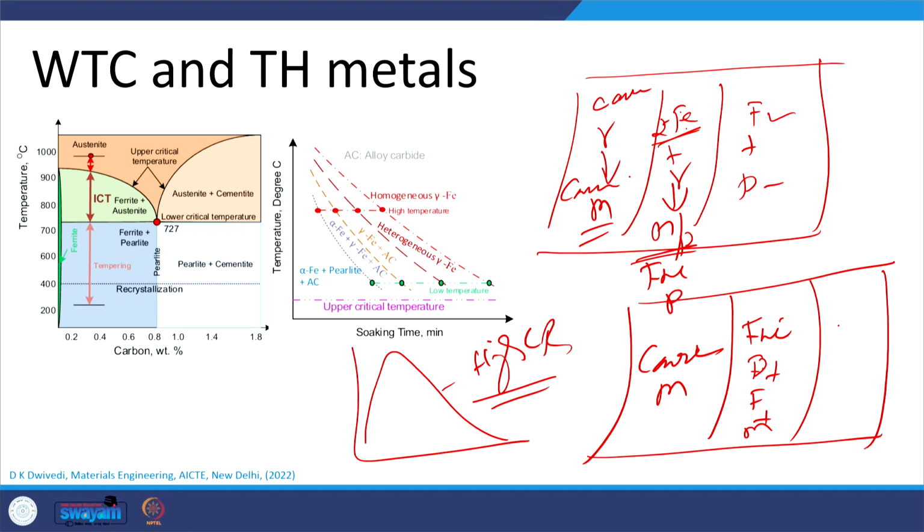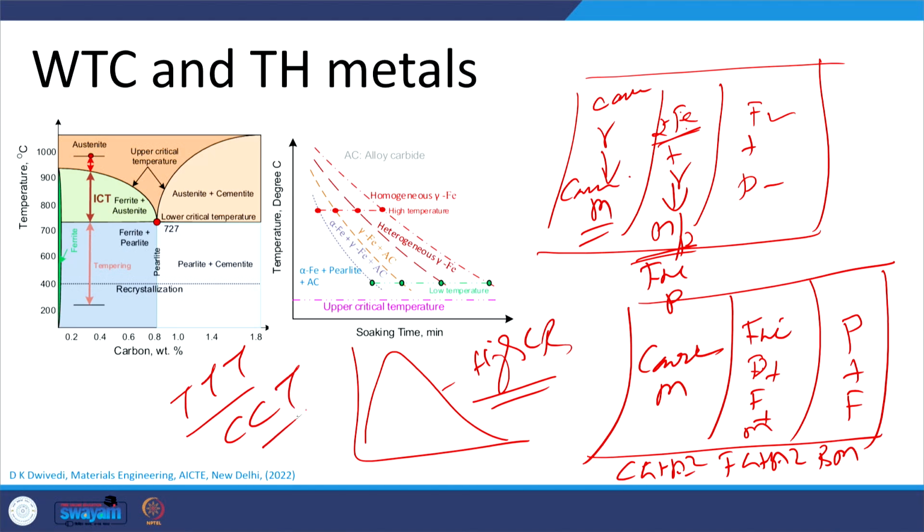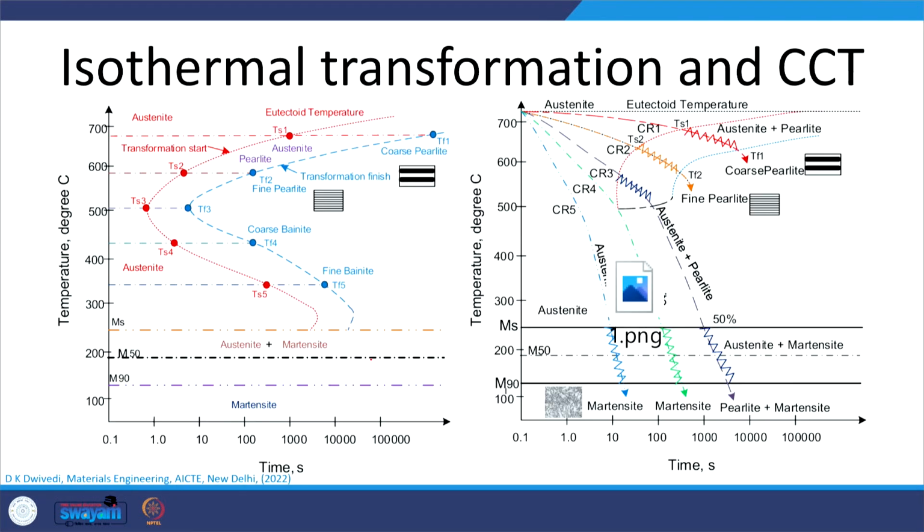Then we will have the unaffected zone of ferrite and pearlite. So, this is the base metal, this is the fine grained HAZ, and this is the coarse grained HAZ. These things are based on the principles related to the TTT diagram and CCT diagrams. About that we will be talking in the next slide.